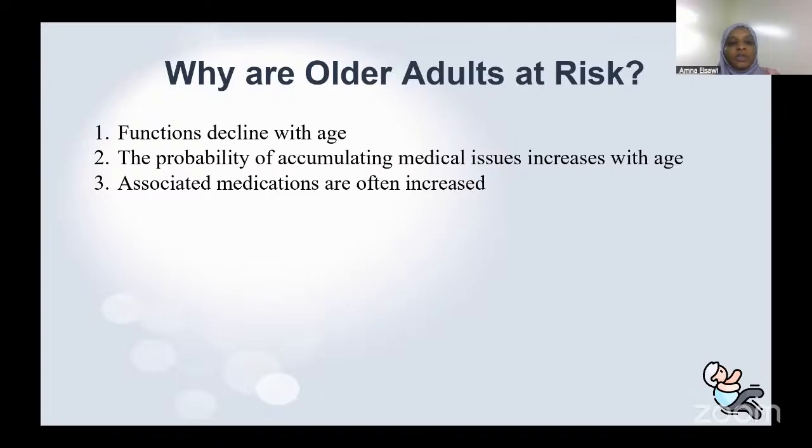So it's a mixture of the decline in functions, the medical issues that accumulate with age, and the polypharmacy that most adults are victims of, because they accumulate a lot of medical issues, they tend to be taking more drugs than the younger population.